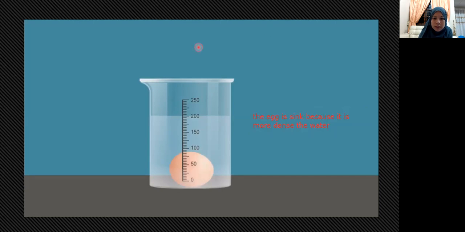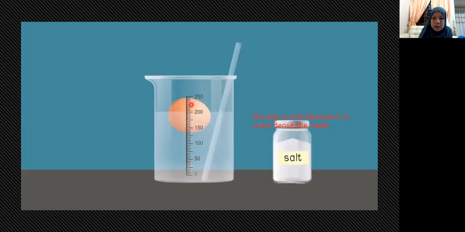Next, as you can see here, the egg now floats. When we put salt inside the water, the egg now does not sink, but floats.